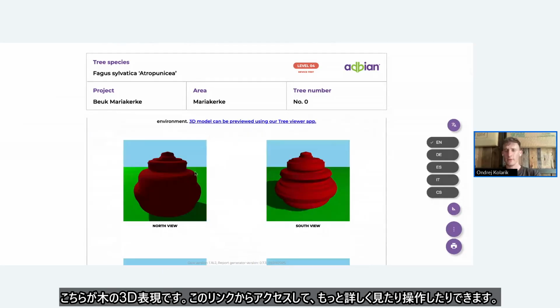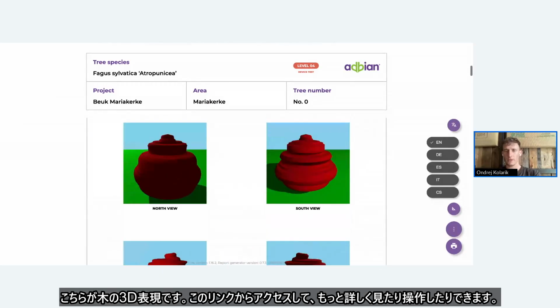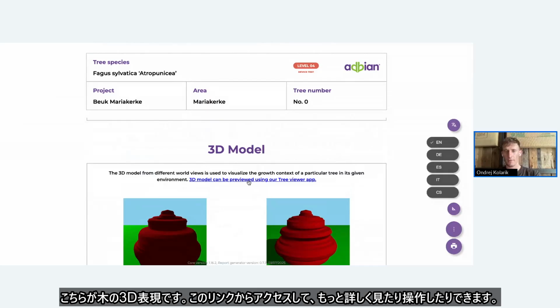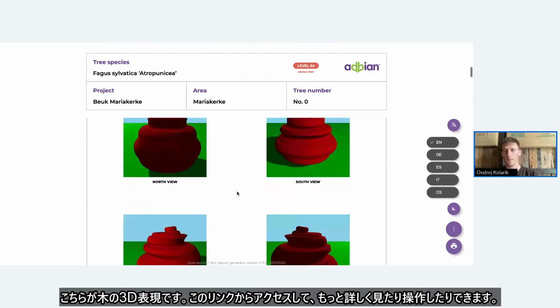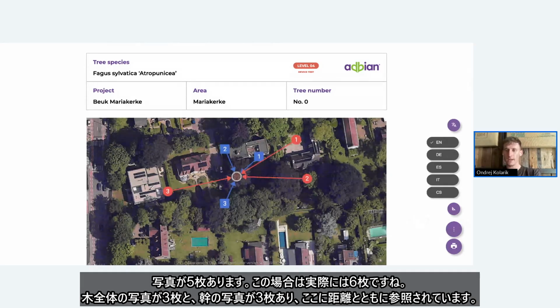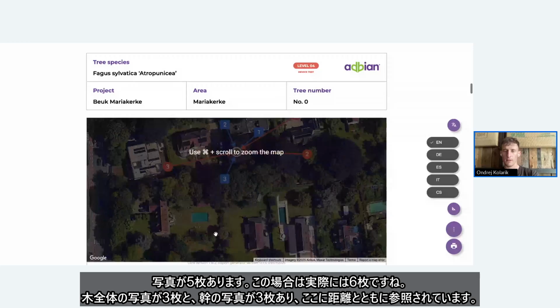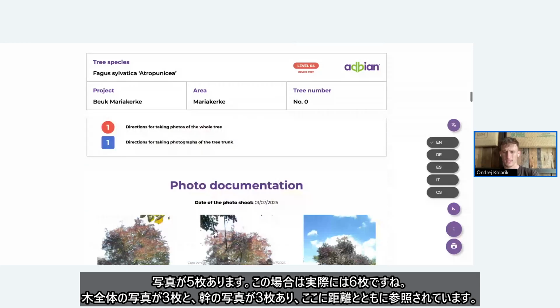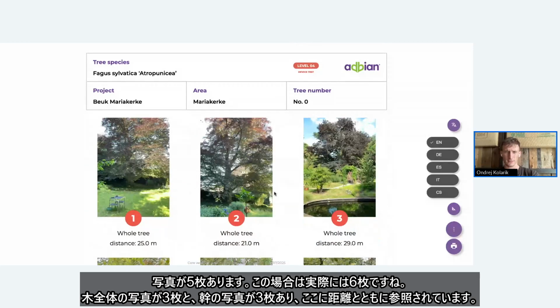So here is a 3D representation of the tree, which you can visit and play with more under this link. There are the 5 photographs, in this case actually 6, because 3 photos of the whole tree were taken and 3 photos of the stem that are referenced over here with the distance.